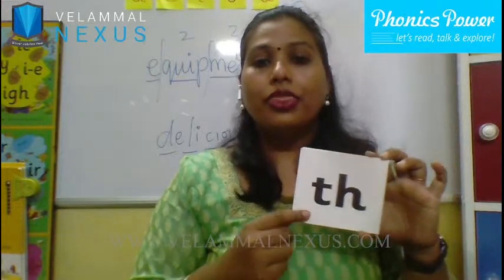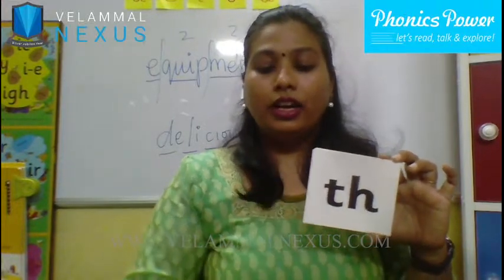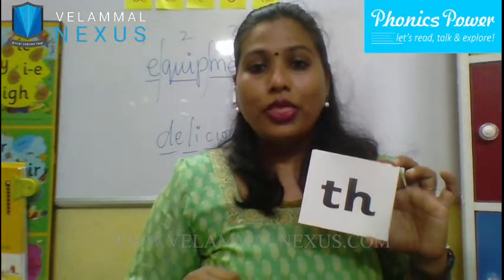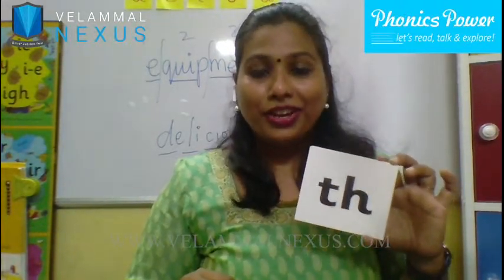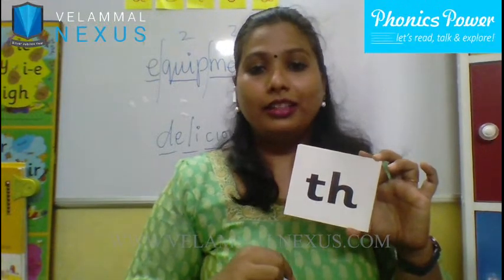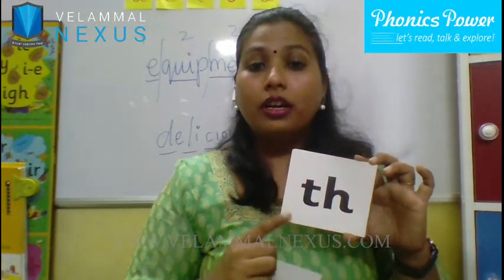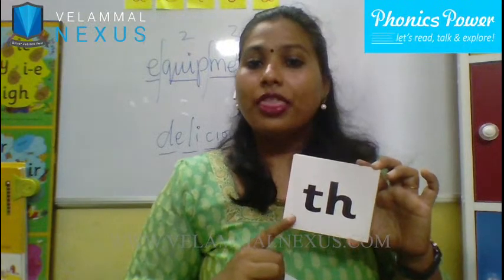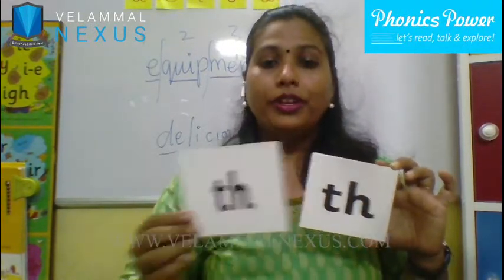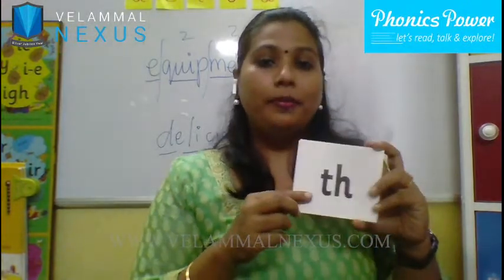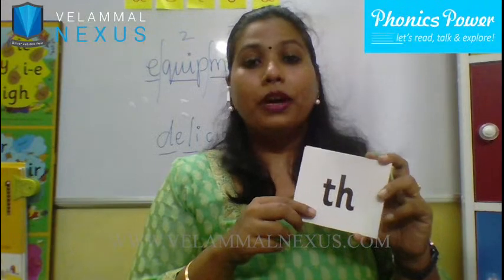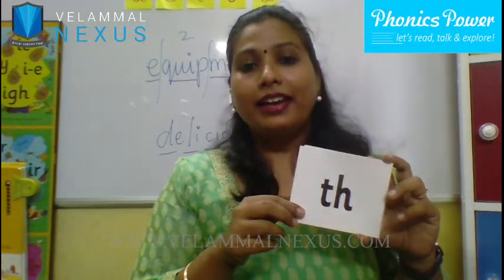And the next, your tongue comes out and you almost like it's spitting your sound, like in the words thick, thin, moth, thirst. That is the unvoiced sound. And the voiced one makes the sound in words like father, mother, this and that.